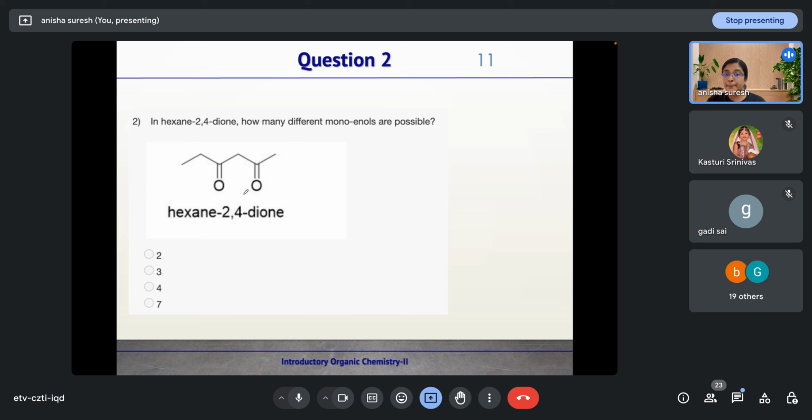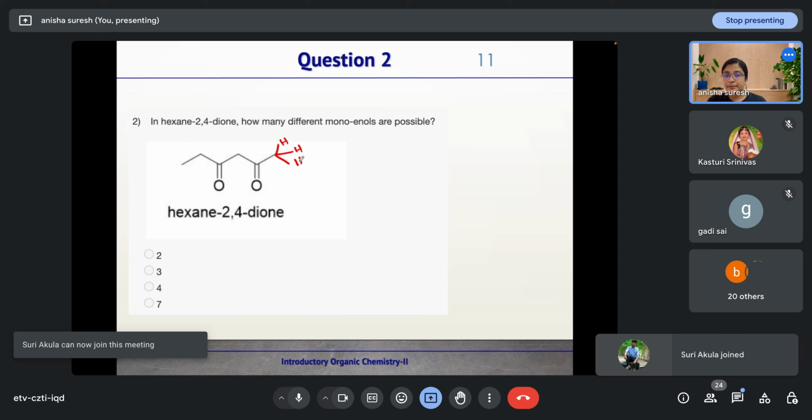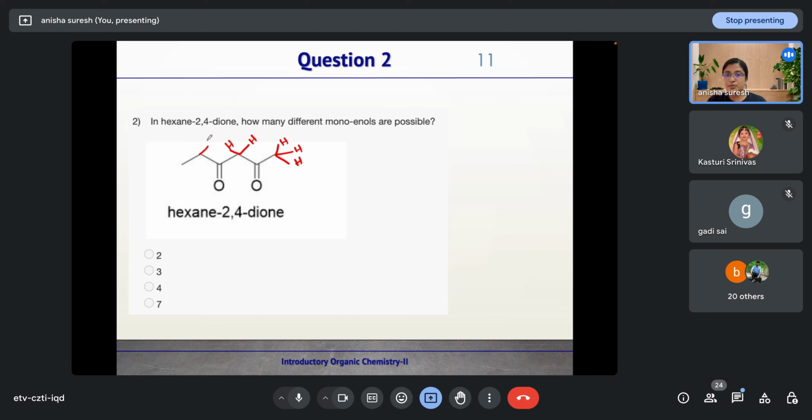When we consider the number of alpha hydrogens, alpha hydrogens are the hydrogens present on the carbon next to the carbonyl. Here 3 hydrogens are present, here 2 hydrogens are present, here also 2 hydrogens are present adjacent to the carbonyl.